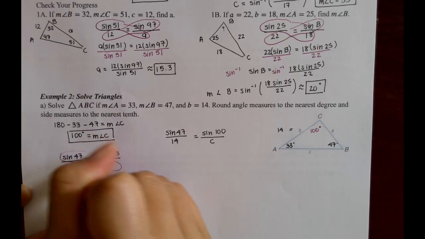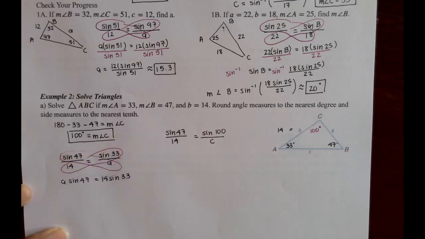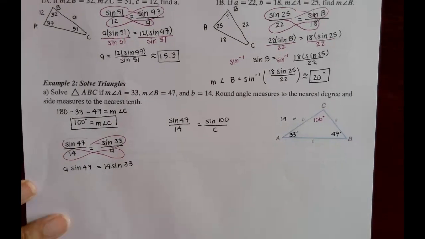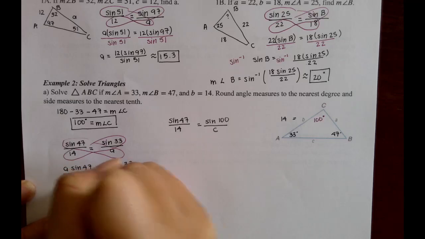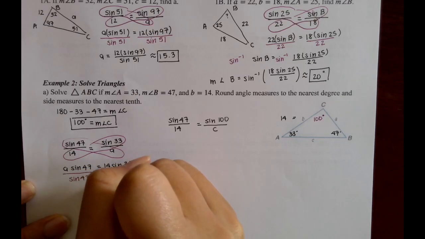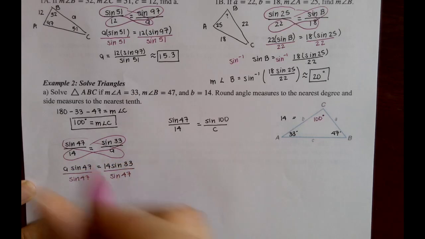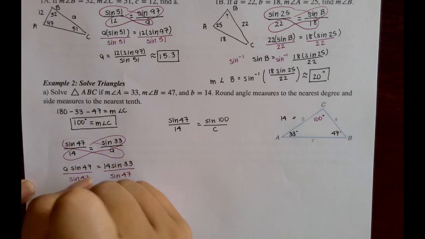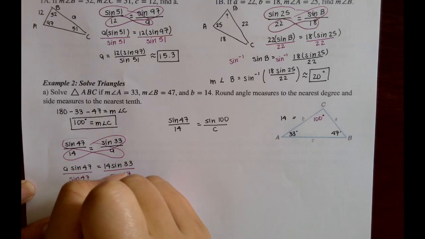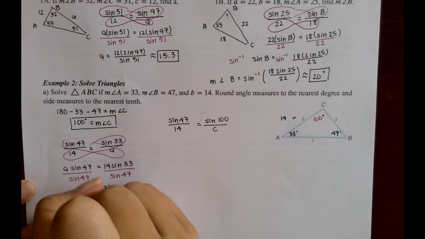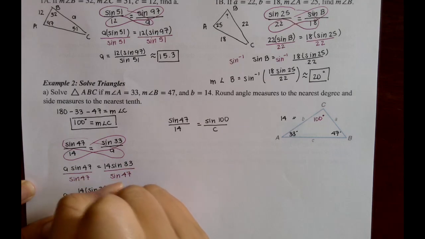Cross multiply. Right. Then, since this is A times sine 47, I'm going to get rid of it by dividing by sine 47. Right. And this gives me A is 14 times sine 33 over sine 47.